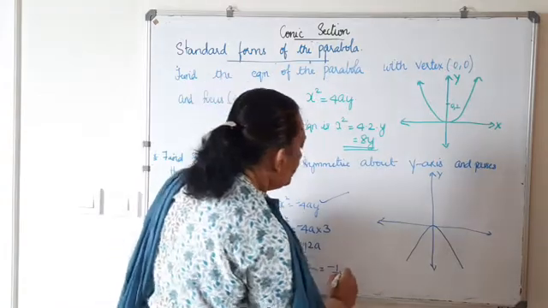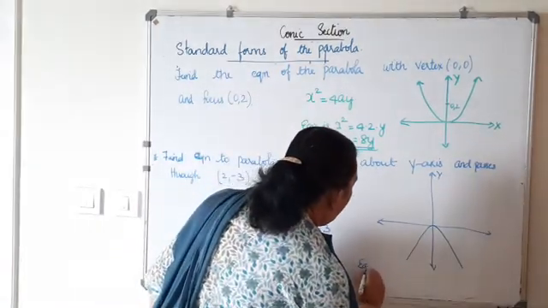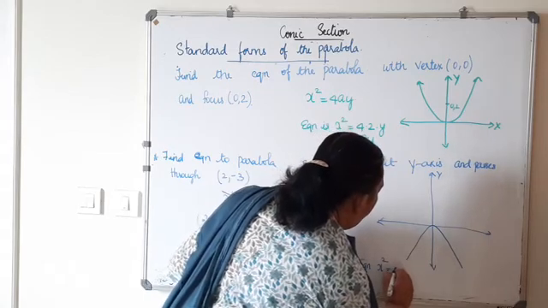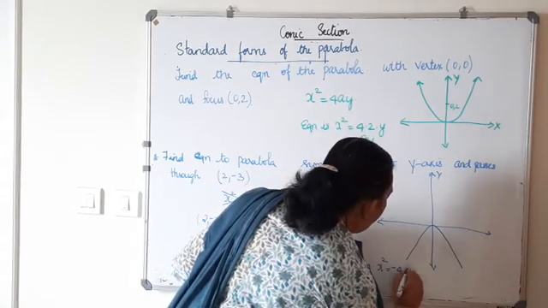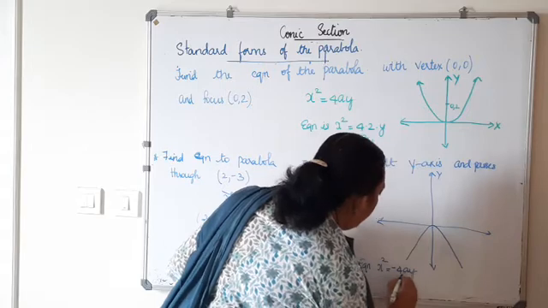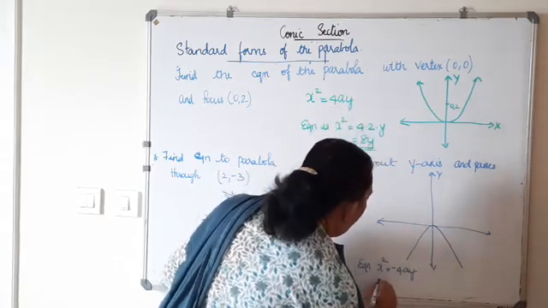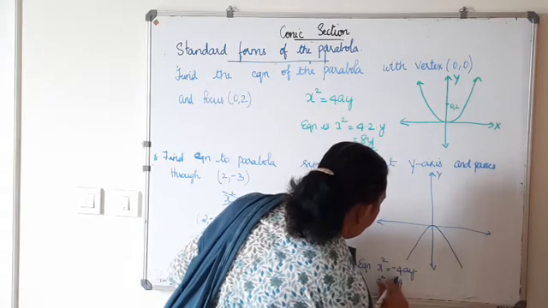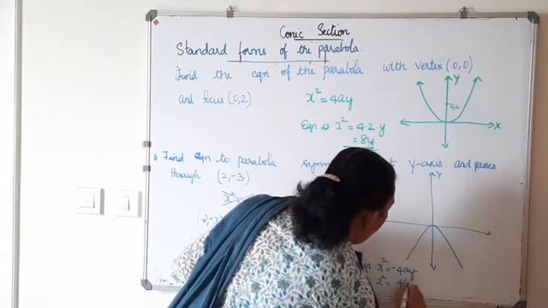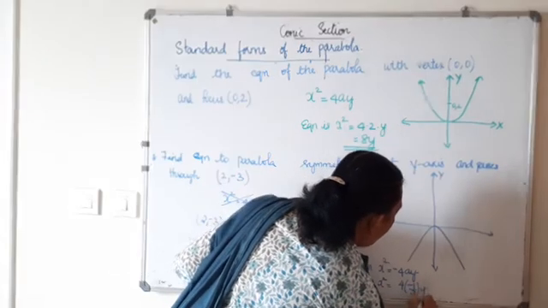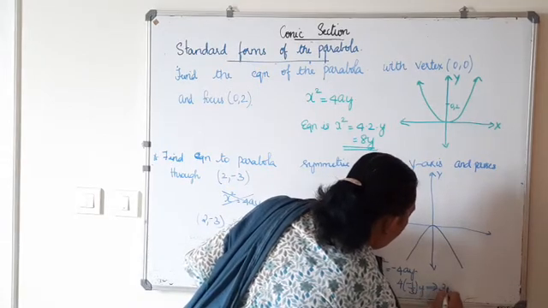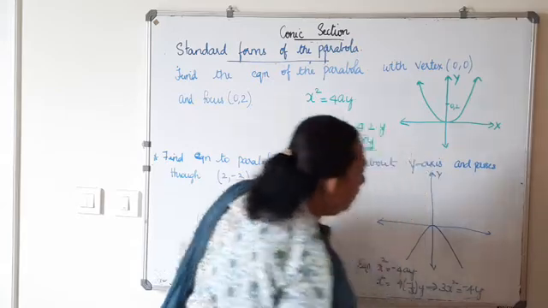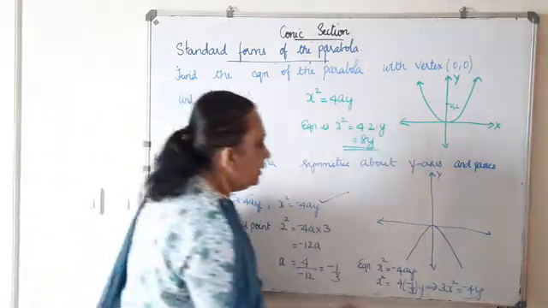So, what is the equation to the parabola? Equation is x squared is equal to minus 4ay, that is x squared is equal to minus 4 into minus 1 by 3 into y, or that is equal to 3x squared is equal to minus 4y. This is the equation to the parabola.